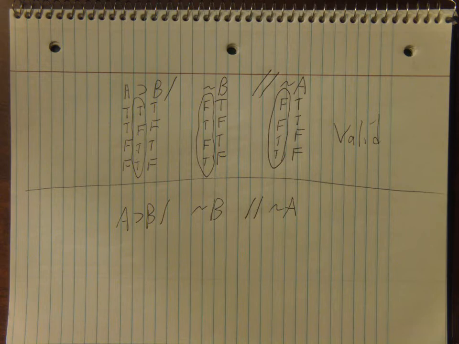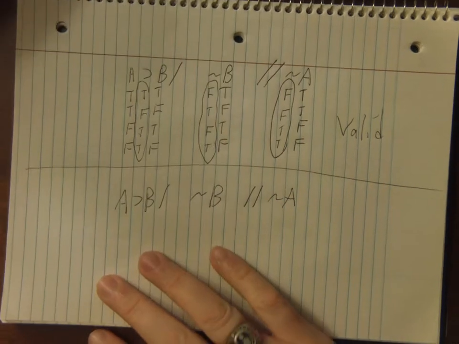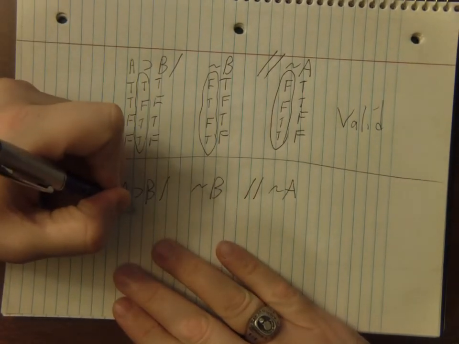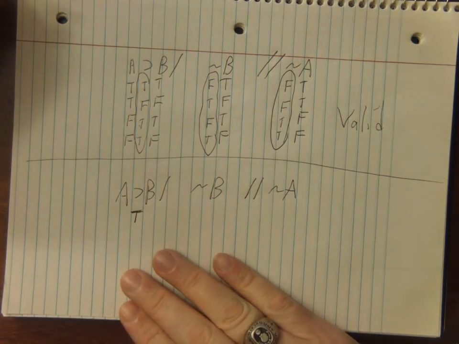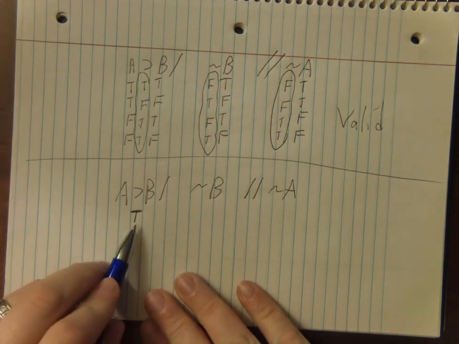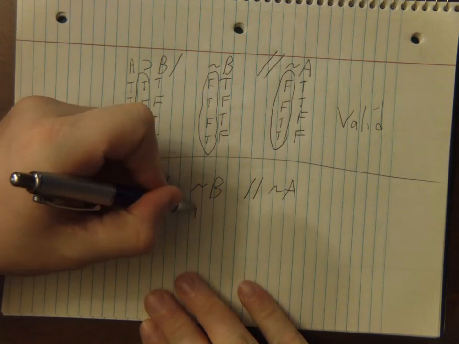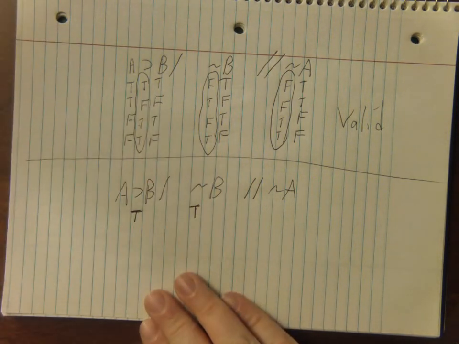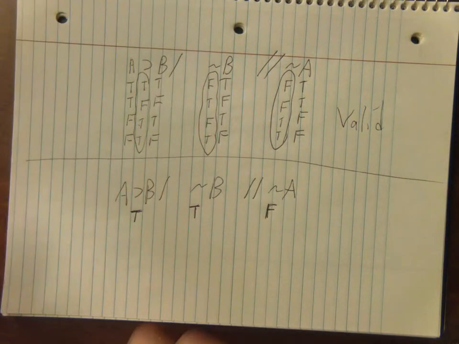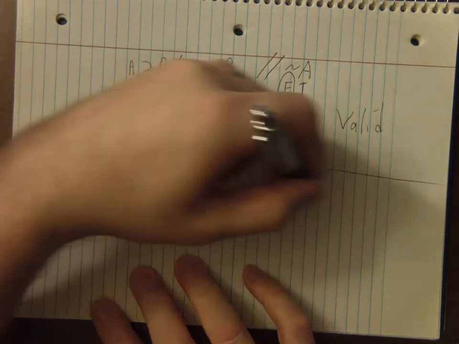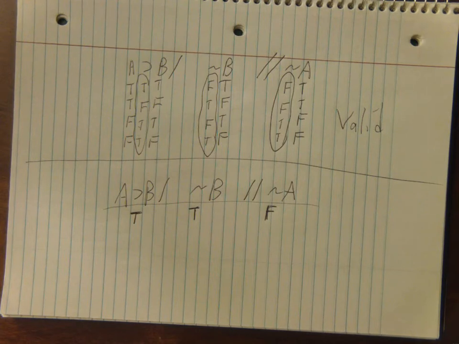So what I'm really after is: is there a line where this premise is true, that is a T under a horseshoe, this premise is true, that is a T under the negation, and the conclusion is false, that is an F under the negation.